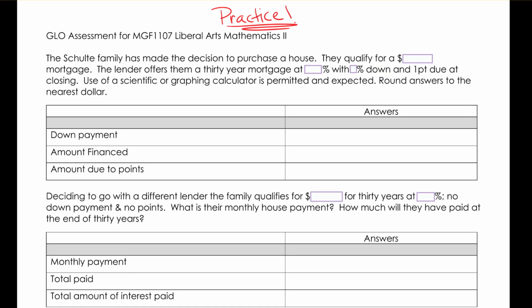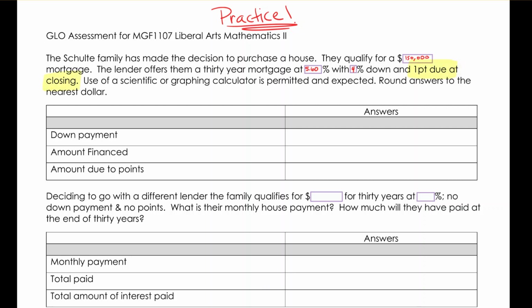So for practice, let's assume that a family has made the decision to purchase a house. Let's assume they qualify for a $150,000 mortgage. The lender offers them a 30-year mortgage at 5.6% interest rate with 4% down and what we call 1 point due at closing.